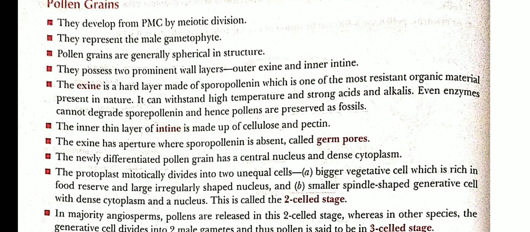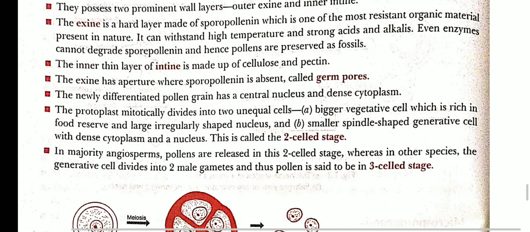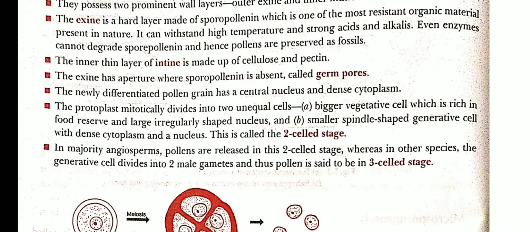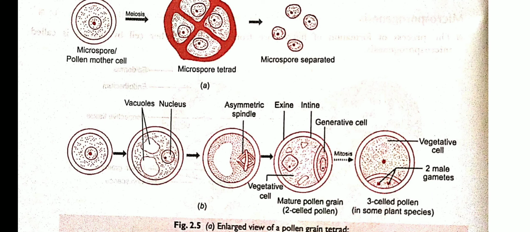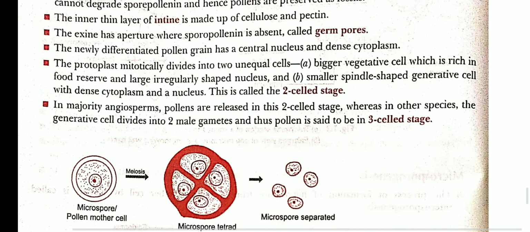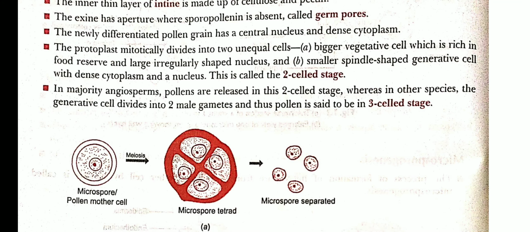The bigger cell is called the vegetative cell and the smaller cell is called the generative cell. Here in the diagram the 2 cells are shown, one bigger in size, the vegetative cell, and the male gamete cells. Much of the angiospermic pollen grains are shed at this stage, meaning the 2-celled stage.